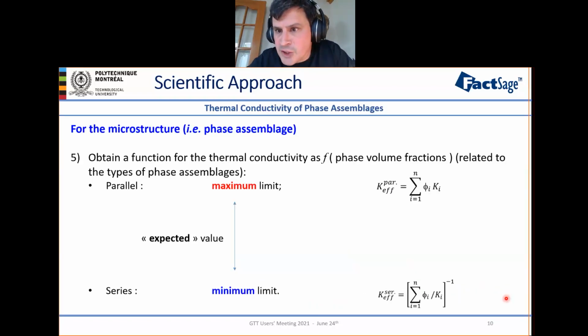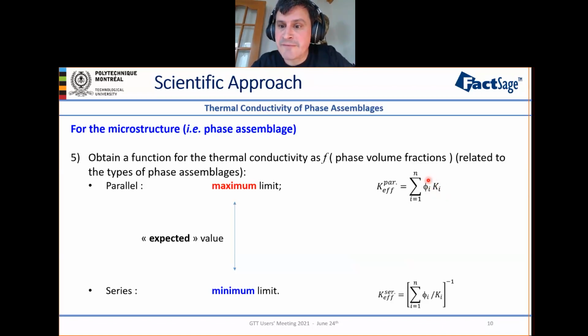The fifth function is basically the model for the microstructure in terms of the volumetric fractions of the different phases. So we have two absolute limits. The parallel type of microstructure will give you the maximum thermal conductivity limit of the phase assemblage, given you have several phases N with a volumetric fraction Phi with different thermal conductivities as computed with the previous functions for every phase.